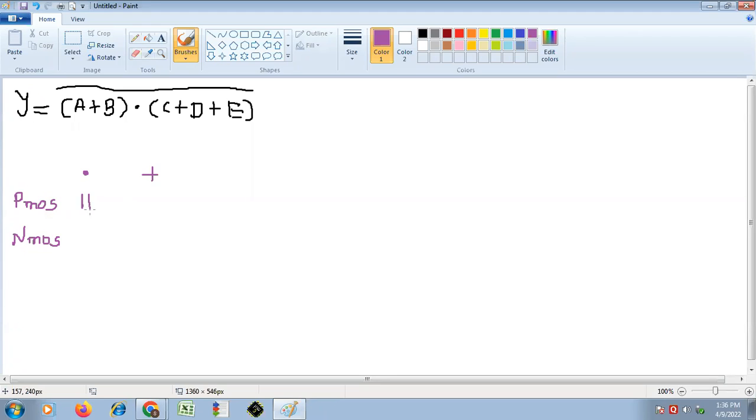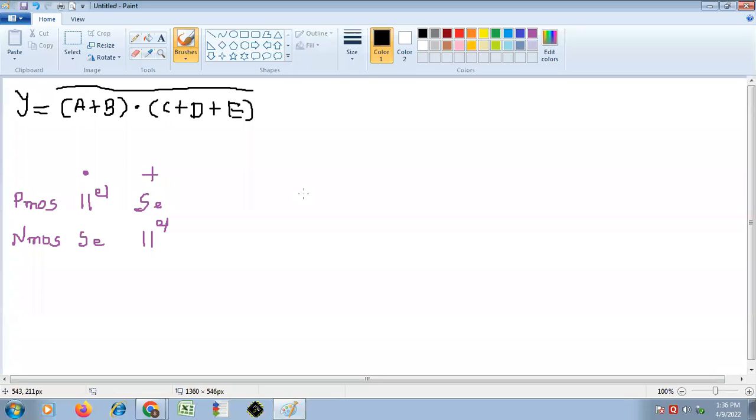It is parallelly connected, it is series. In case of NMOS, exactly the reverse is the case, right? Now we will start with the CMOS representation.